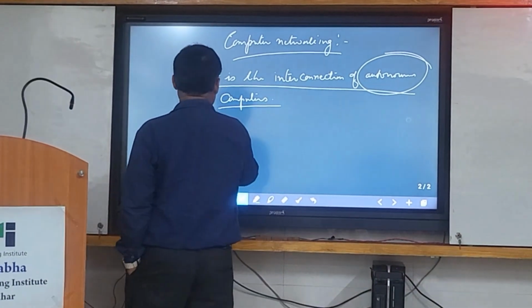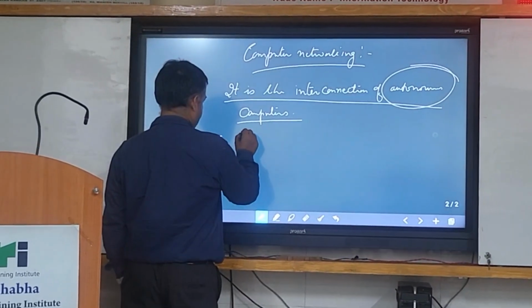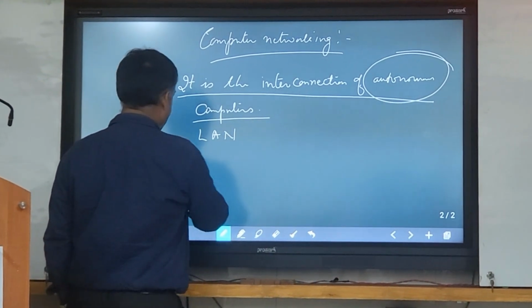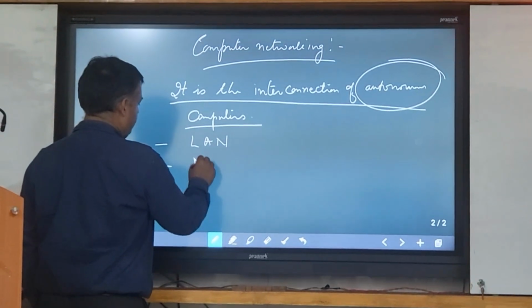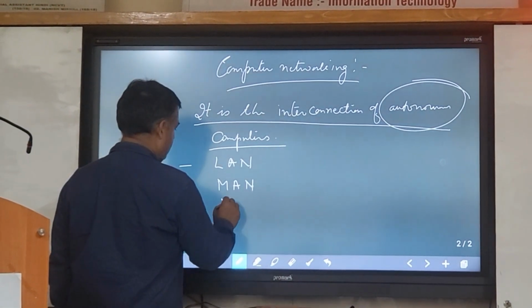Now, computer networks are of three types. You know, it may be LAN, it may be MAN, and it may be WAN.